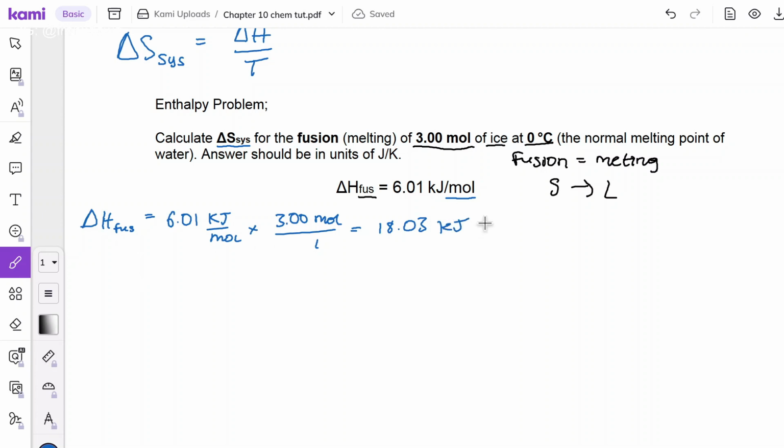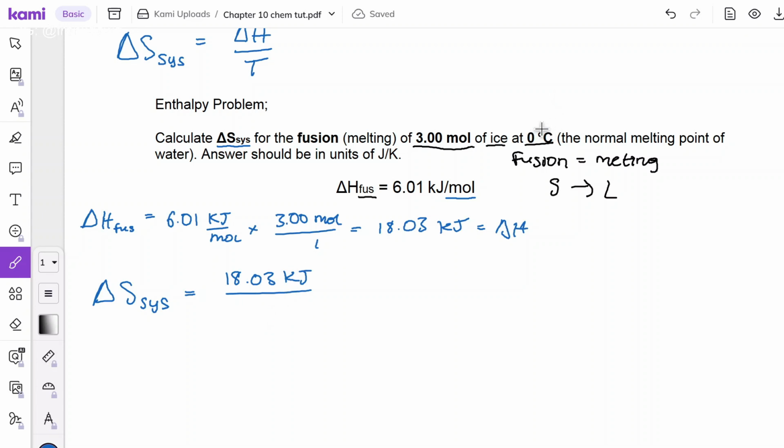And now we have the change in enthalpy, so we plug it back into the original equation to find the change in entropy of the system, which is 18.03 kilojoules divided by the temperature.